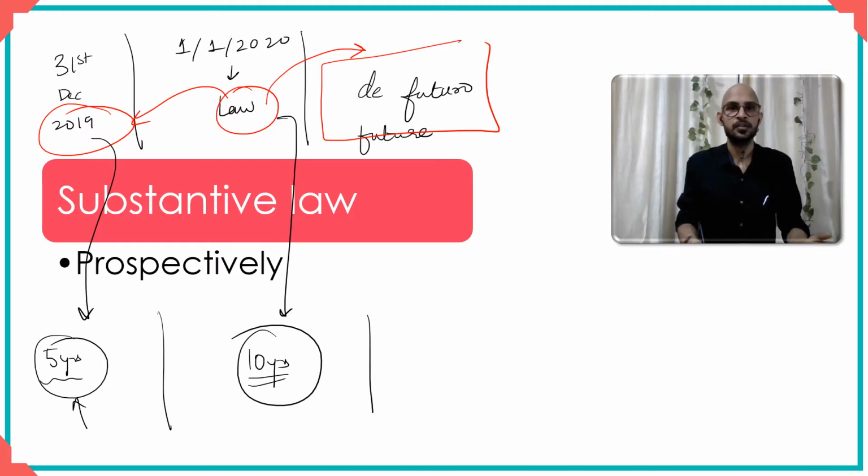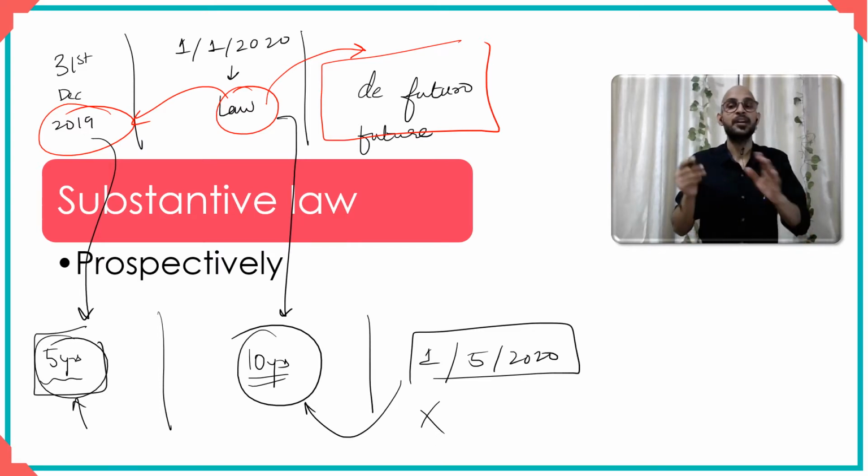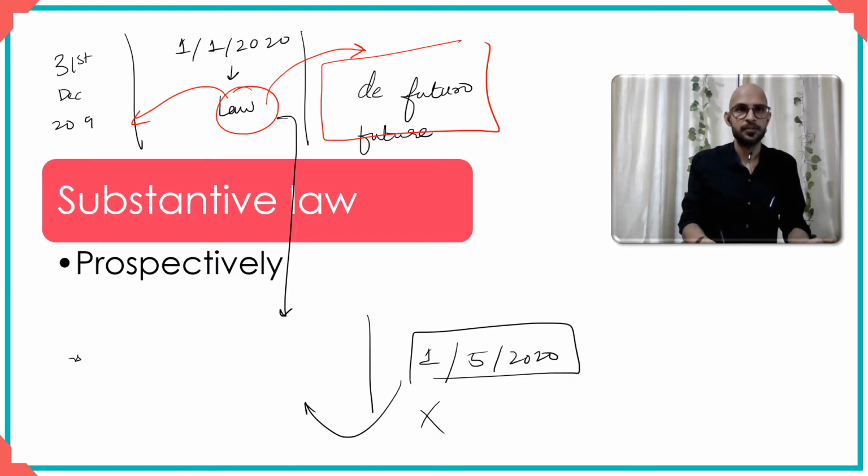Let us say it is now the 1st of May 2020, his trial is still happening. Is it possible for him to be sentenced up to 10 years? The answer to this also is no. He cannot be sentenced to a punishment that exceeds what the maximum punishment was at the time when he committed it, which means that these substantive laws operate only in the future, they operate prospectively.